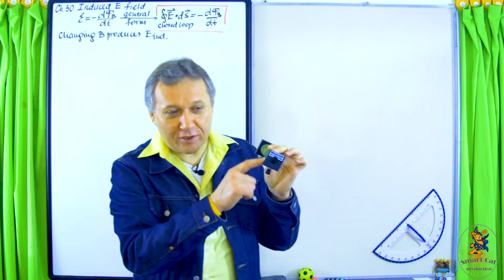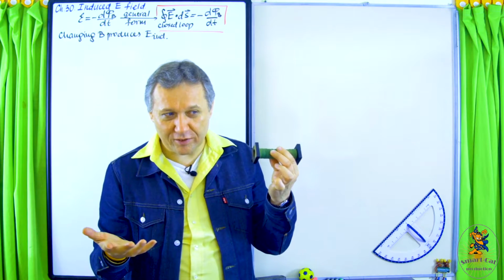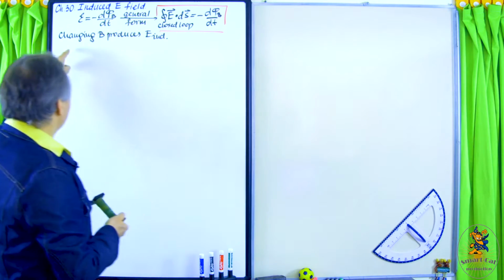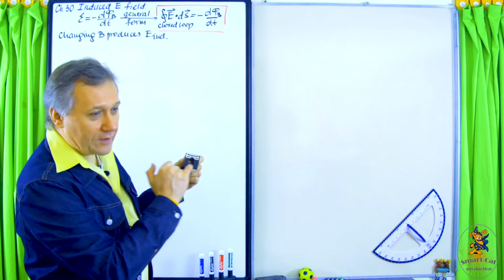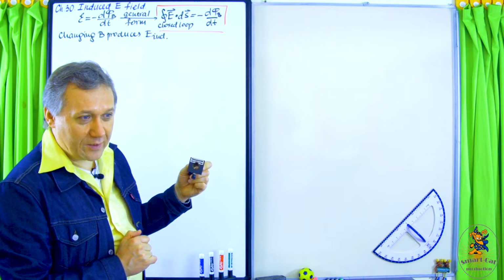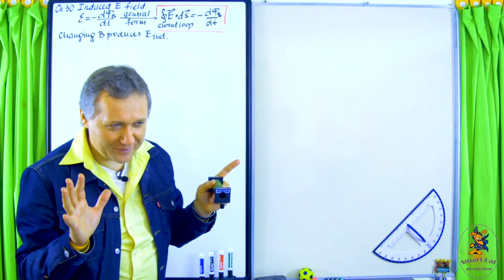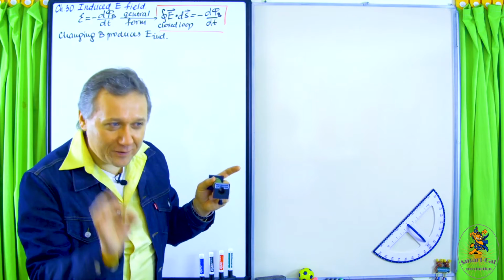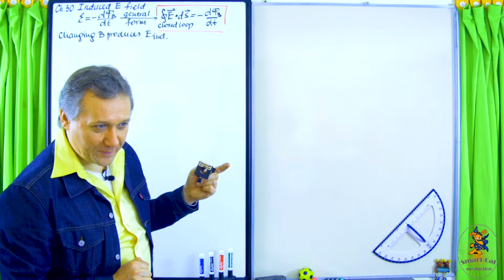And if you start changing the current in time, the magnetic field inside will be changing in time. A changing in time magnetic field produces an induced electric field. It means that inside of this solenoid there will be an induced electric field, and electric field lines form circles.